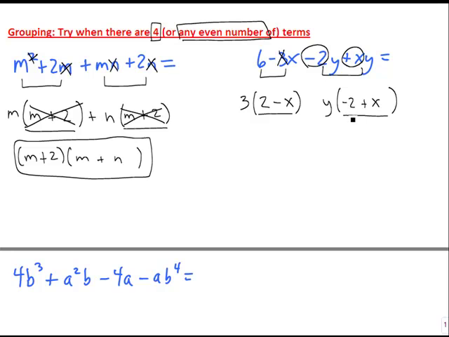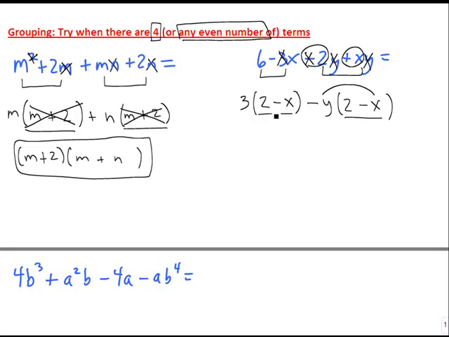The signs are backwards. So an easy way to fix that is, instead of factoring out just y, we can factor out a minus y. And if we pull out the minus and the y, then we'll just be left with positive 2. If we pull out the y and a minus, then I'm going to need a minus x, so that when I redistribute, I'll get plus xy.